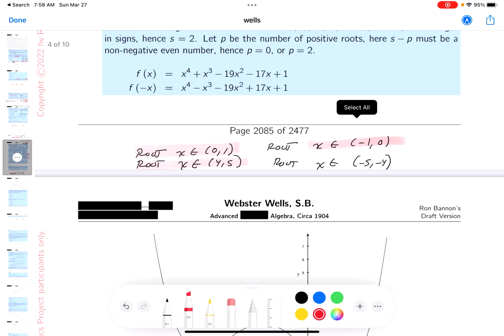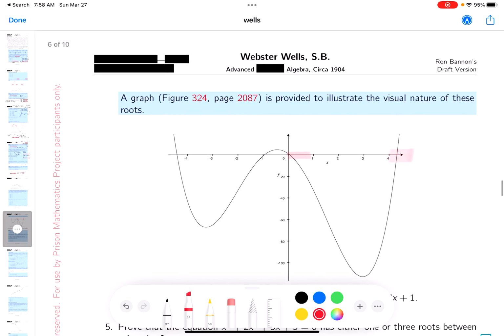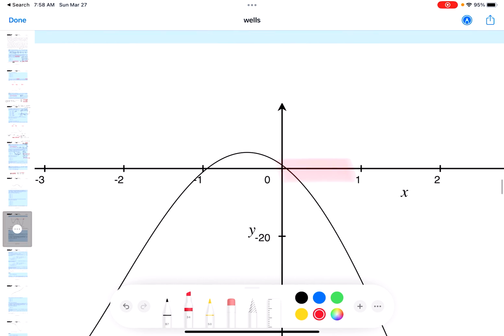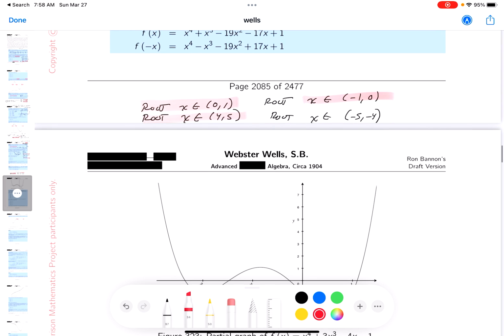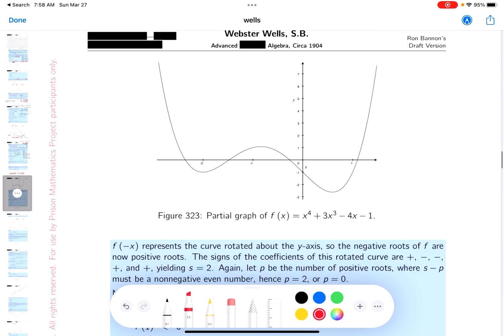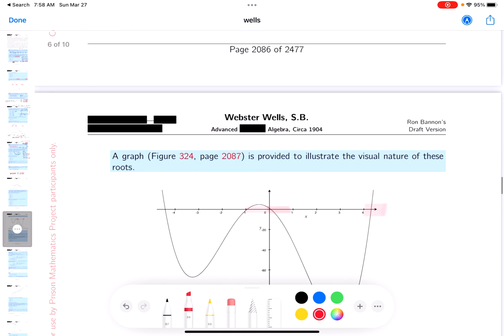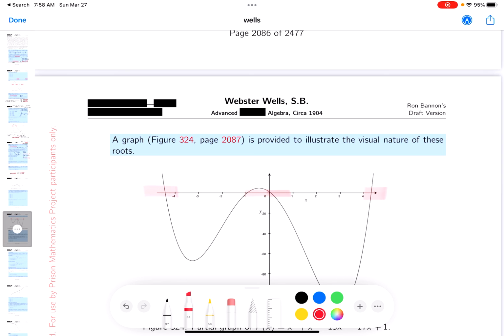I also said there's a root between minus 1 and 0. Clearly see that. All right? I know it's a long process. A root between minus 5 and minus 4. Right over here. All right, we're just getting locations. Locations for me are between the integers. All right? We got all 4. Thank you.